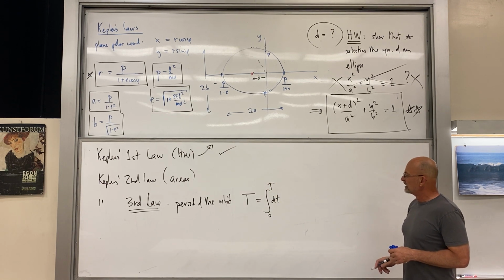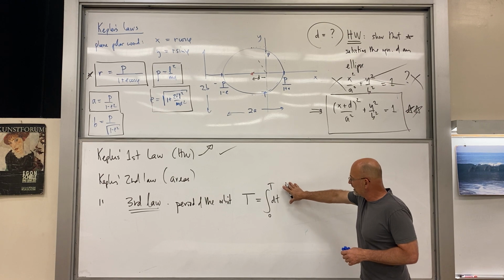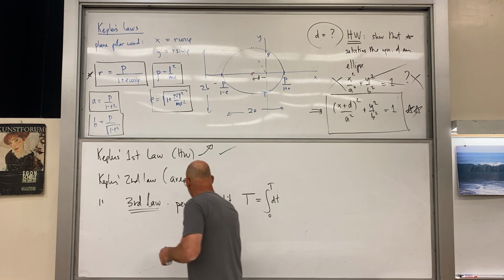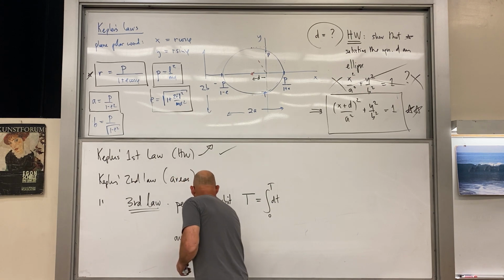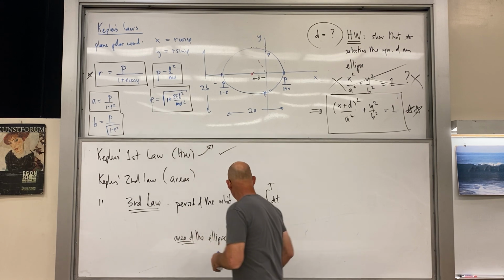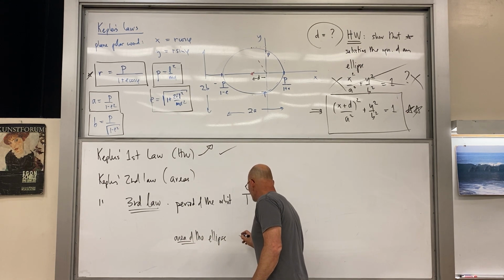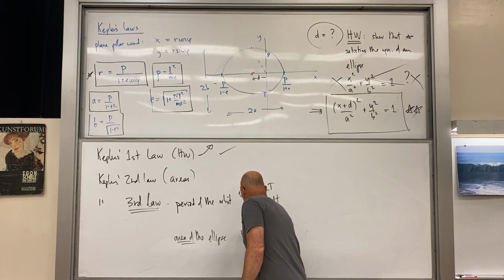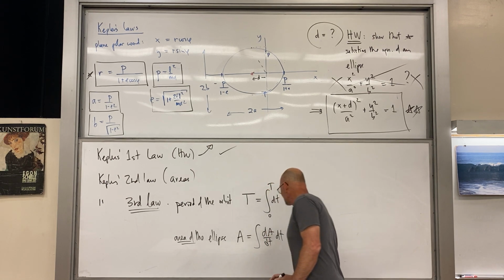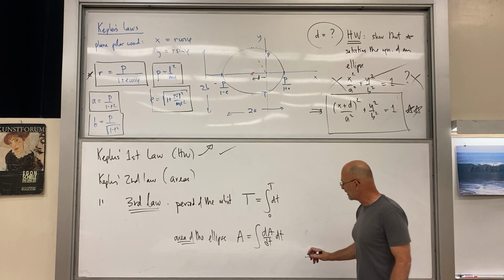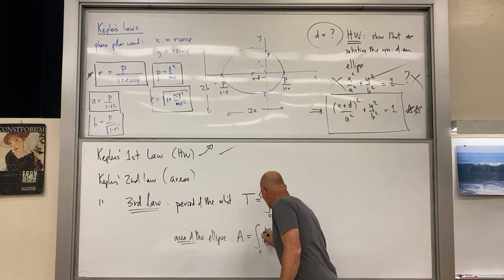Okay. So how are we going to relate that to the area of the ellipse? The area of the ellipse would be the integral of dA/dt over one period.